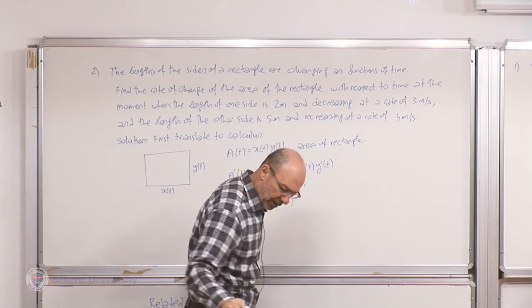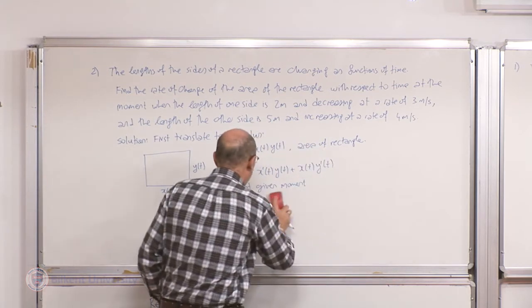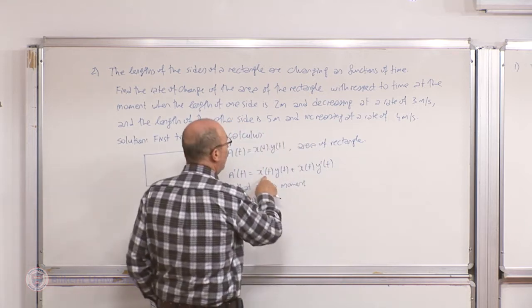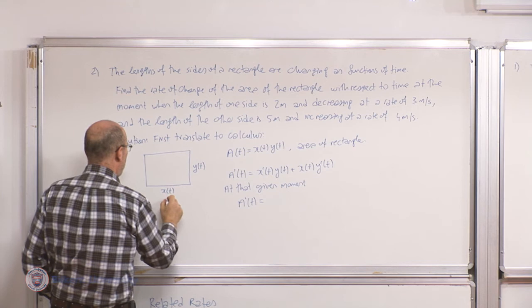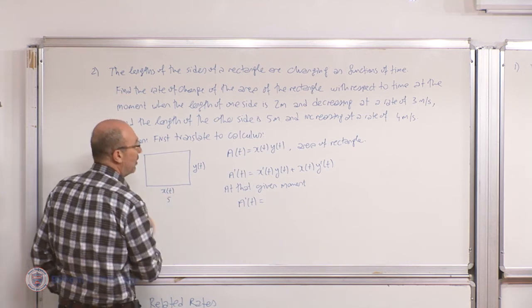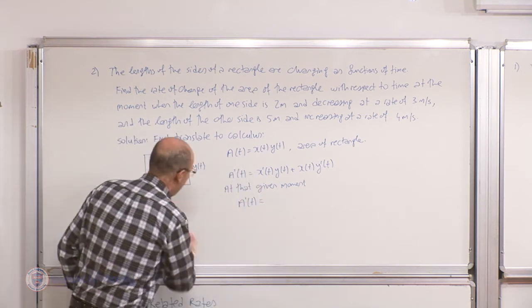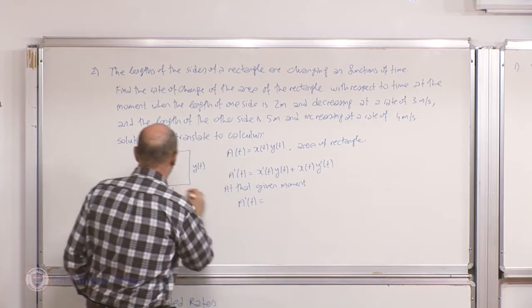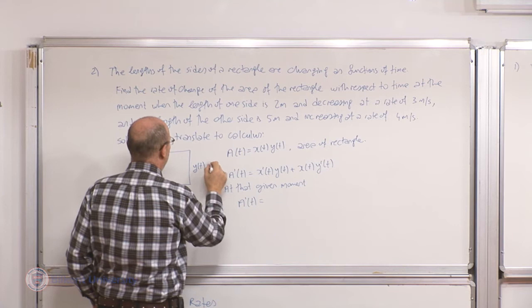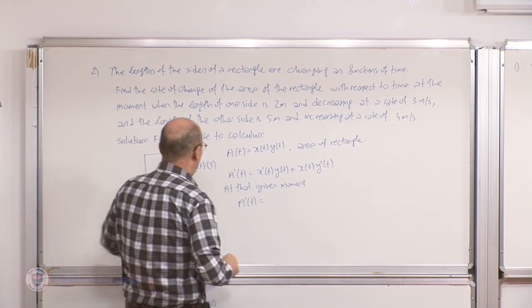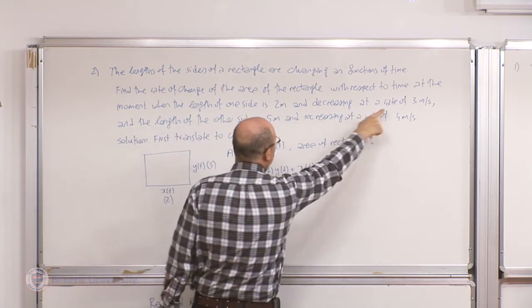And the length of the other side is 5. No, I put in the wrong numbers. Okay, so x prime is this one. So not to get confused, let me write this. X is 2, y is 5. Okay, now x prime is minus 3.